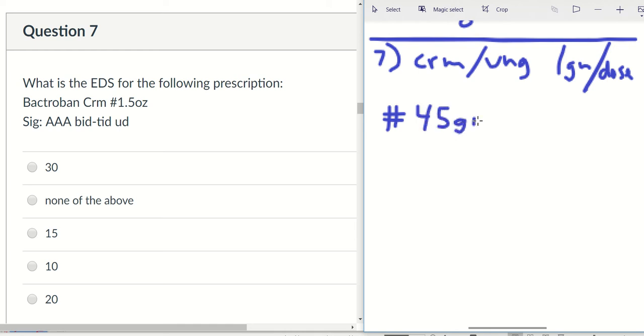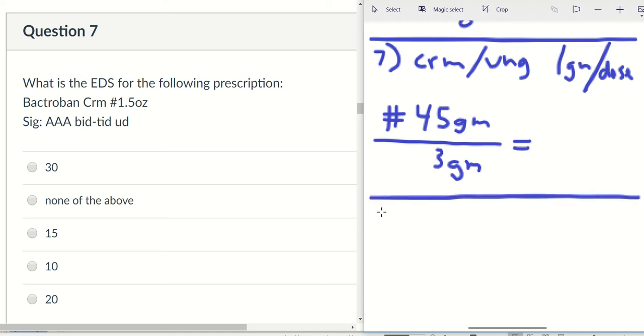So the same as mLs and grams for us in this class. All right, based on the SIG, applied to the affected area 2 to 3 times a day. How many grams would they use in a day? 1 gram per dose. Yeah, so 2 to 3. So if they use the maximum 3 doses, it's about 3 grams, for an EDS of 15.